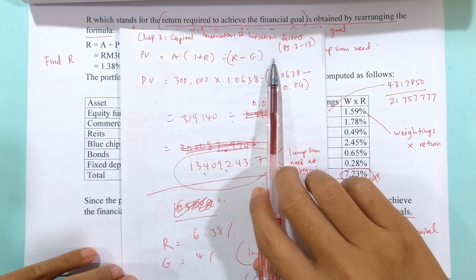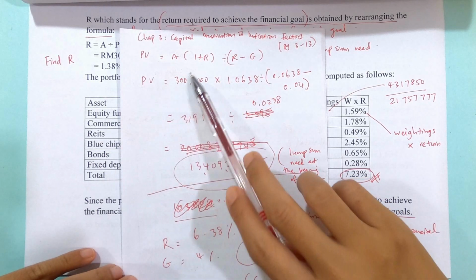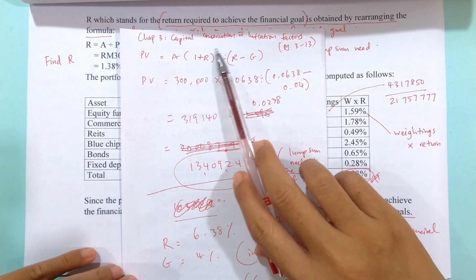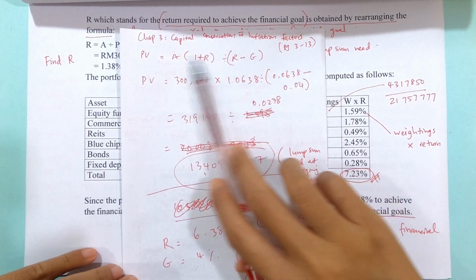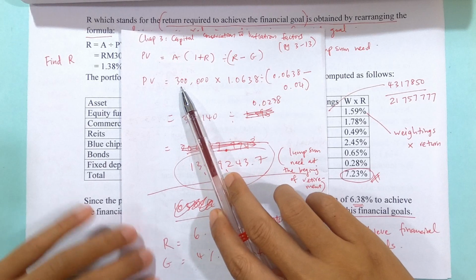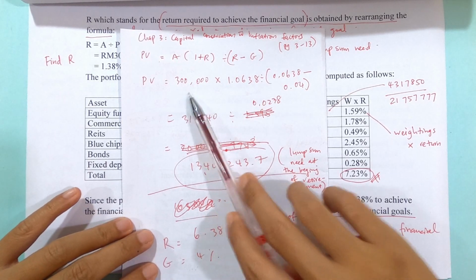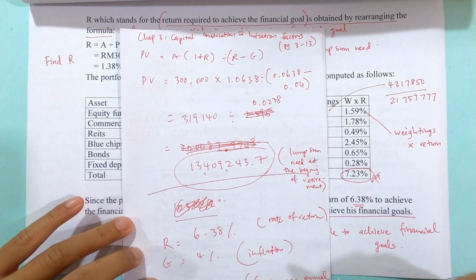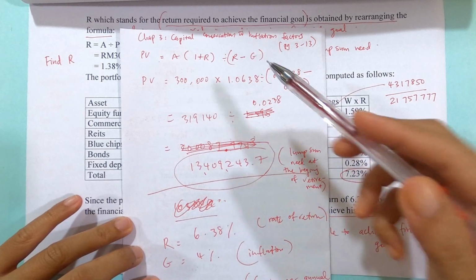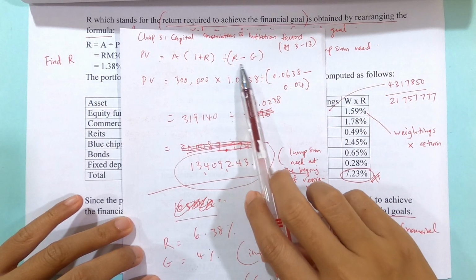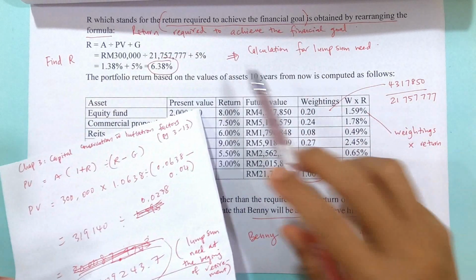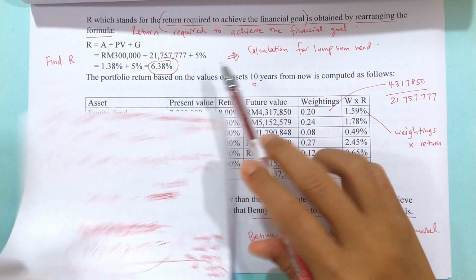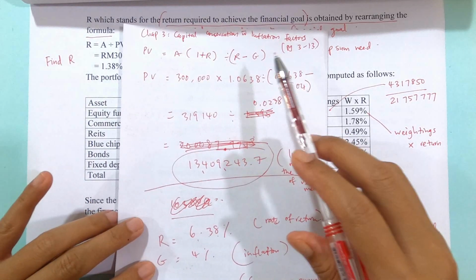Therefore, we can apply this formula, the same formula that we used before. Look at the capital conservation with inflation factors in chapter 3, page 313. This is the formula, and we replace the value. A is 300,000, the first year annual retirement income, times 1 plus R divided by R minus G. R we already know is 6.38, based on this calculation. 6.38 is the required rate of return.